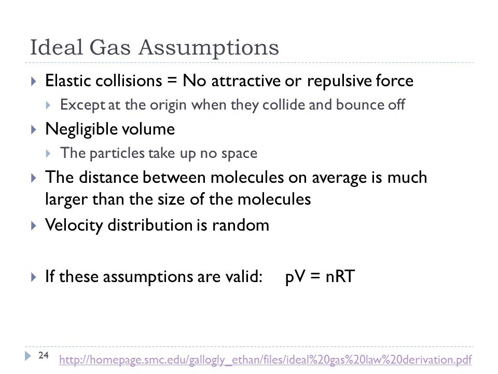Another assumption is that the velocity is randomly distributed, that we don't just have flow all in one direction, that the velocity is distributed randomly. And when you have that, you can use the ideal gas law, which is that the pressure times the volume is equal to the number of moles times the universal gas constant times the temperature.